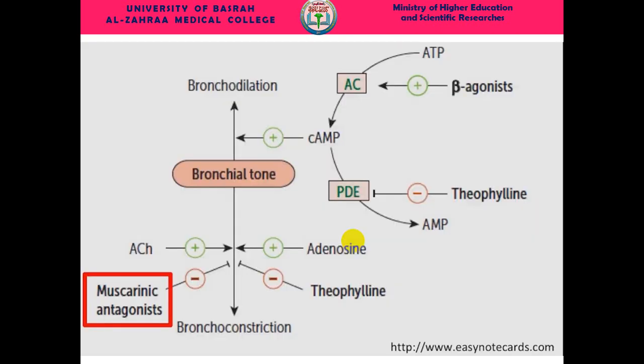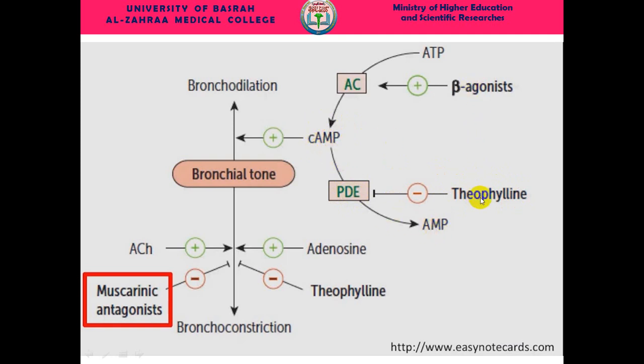This graph summarizes the mechanism of action of the three bronchodilators. So the beta-2 agonist will act on the beta-2 receptors, which will stimulate the transfer of ATP into cyclic AMP, and theophylline or the methylxanthine will block the phosphodiesterase, and thus will reduce the degradation of cAMP to AMP.